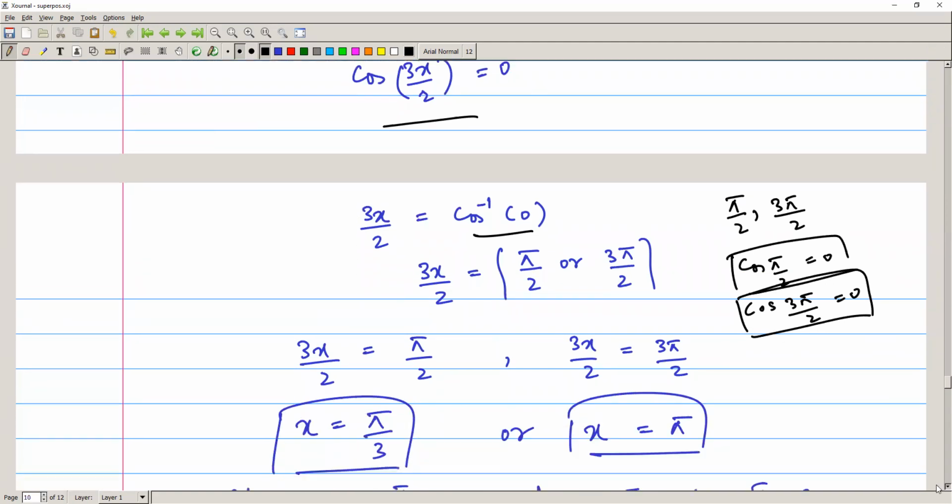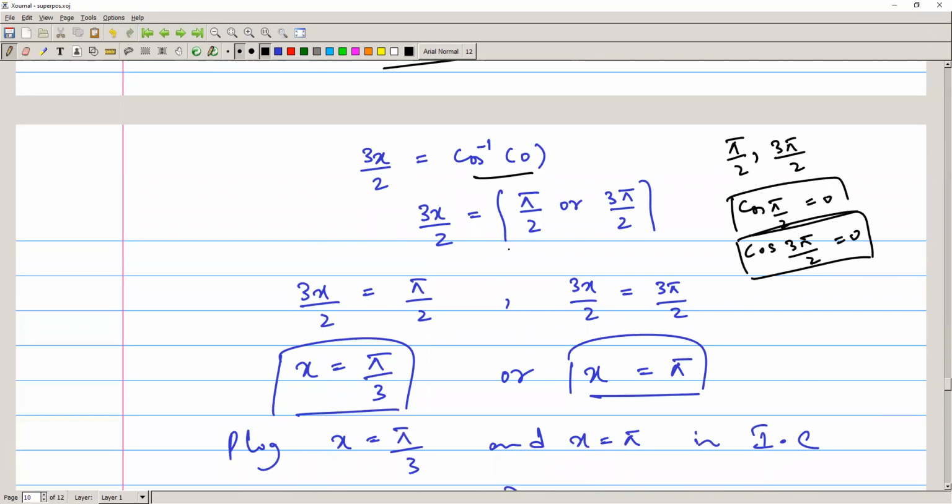And then we will solve for x, and on simplifying this condition we get 2 pi over 3, and simplifying this condition we get pi.